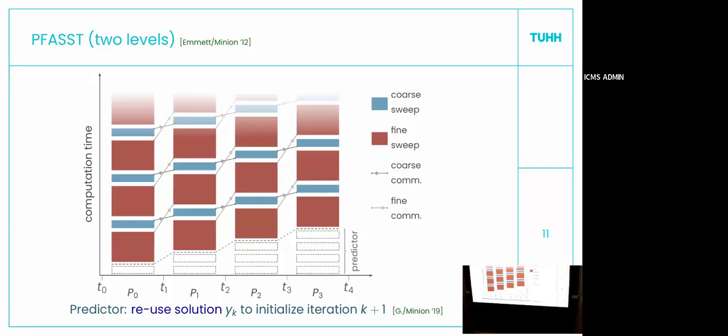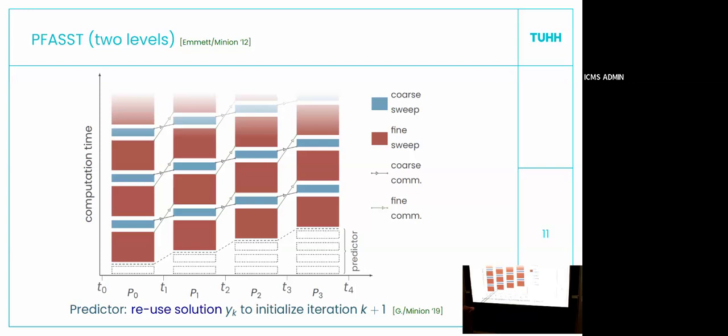And Thibault had this image on his slide. I explained it already. So we have fine STC sweeps and coarse STC sweeps, expensive but parallel, cheap but with a serial dependency. And then we iterate until convergence. What we also have is this predictor phase, because to compute values on the later time steps, you need to somehow initialize.